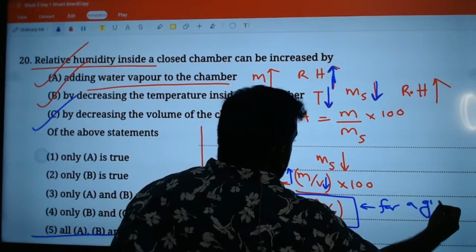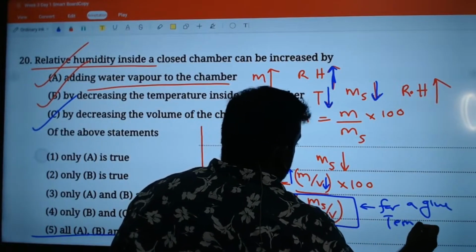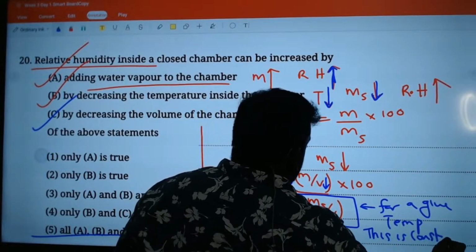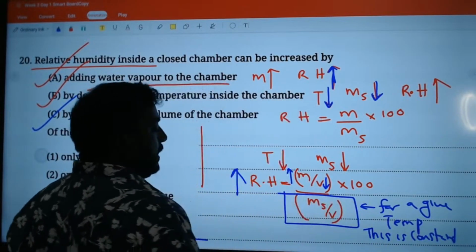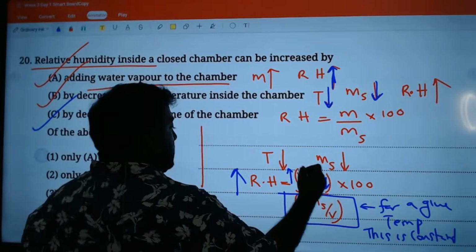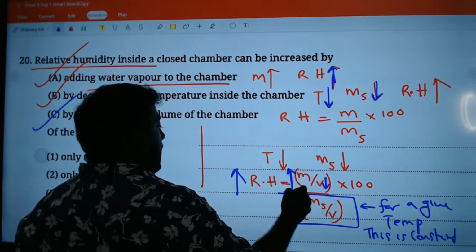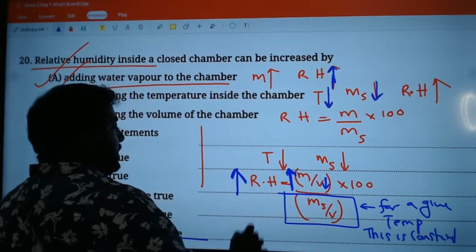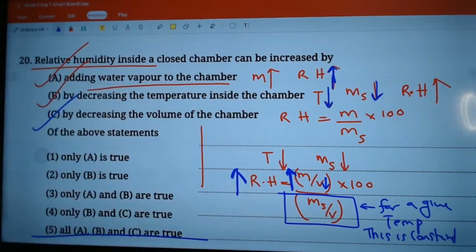This is constant. So when V reduces, the density will increase, absolute humidity H will increase. When absolute humidity increases, RH will also increase. A, B, C all correct.